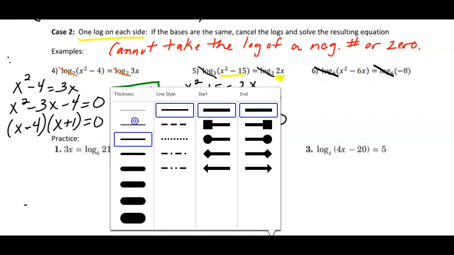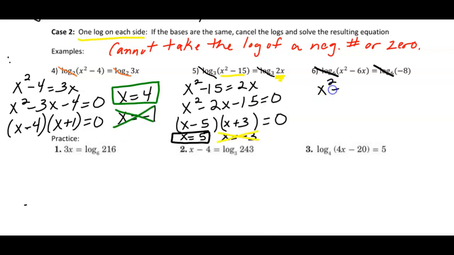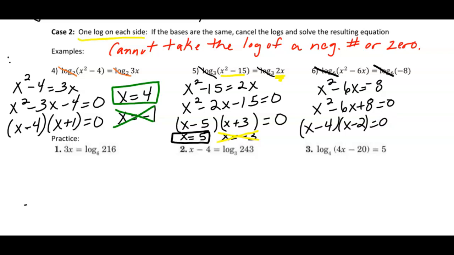I can cross them off, set my equation equal. x squared minus 6x equals negative 8. Solve this. So I get 4 and 2.